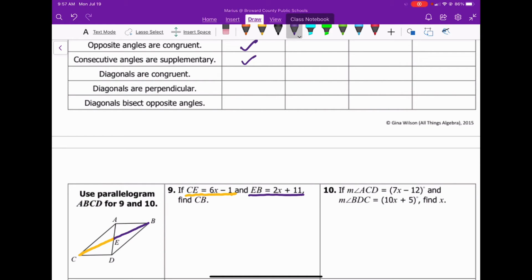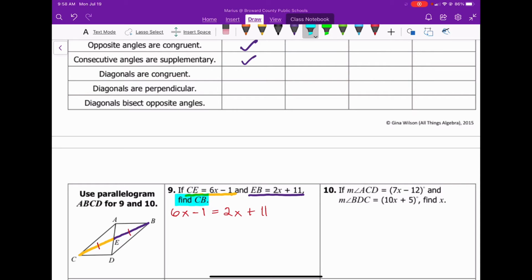Now, since we just discussed it, we know that CE and EB are congruent. So we can take those two and set them equal to each other. 6x minus 1 equals 2x plus 11, okay? And they want us to find CB.